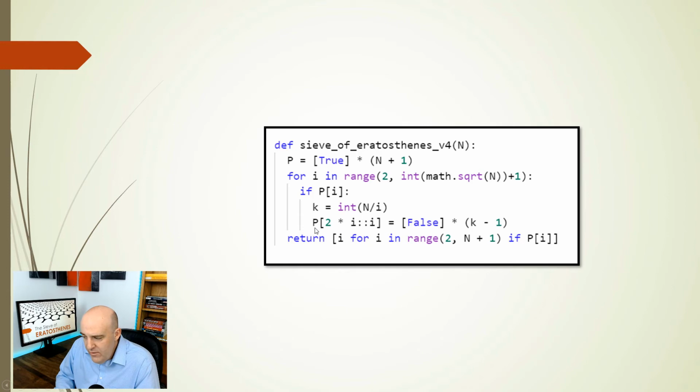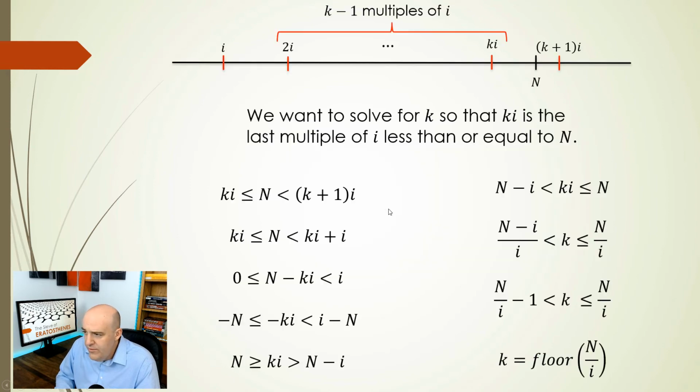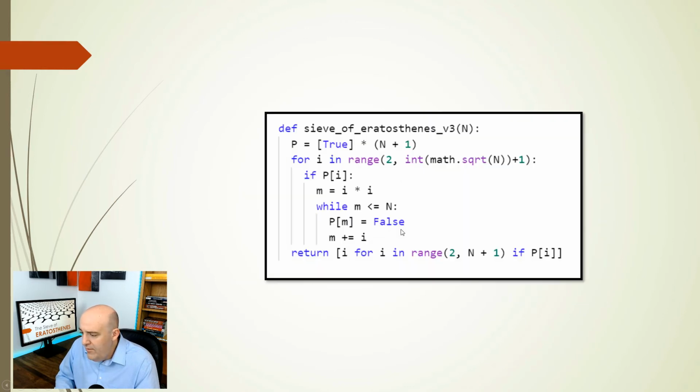And then let's take a look at this. We start at 2i, and then we go all the way to the end of the list. That's why there's nothing there. And from 2i, we go up by i every time. So we start at 2i, and then we go up by i until the very end of the list.